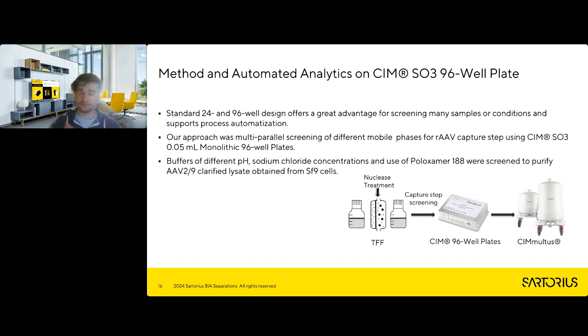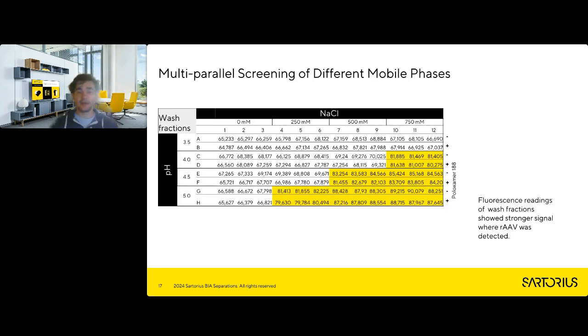We tested different pHs, from 3.5 to 5, different sodium chloride concentrations, from no salt inside the sample to 750 millimolar, and whether an addition of surfactant played a role in our chromatography. And we did everything in triplicates.